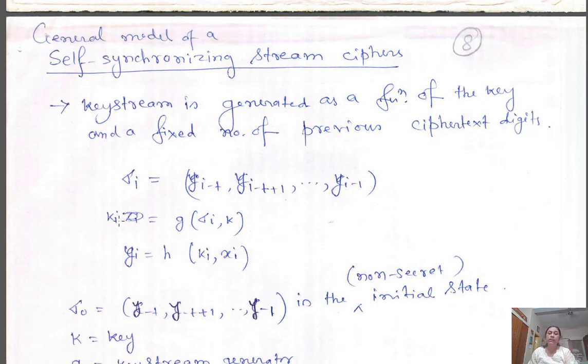So it depends on the initial key as well as the previous t ciphertext digits. The output, that is the ciphertext, is generated using the output function on ki and xi, where xi is the plaintext digit.